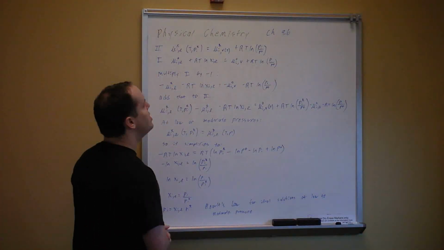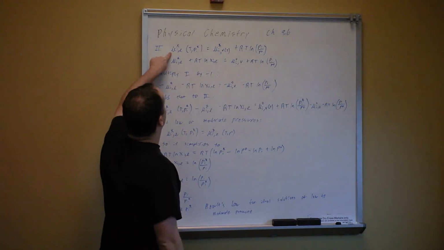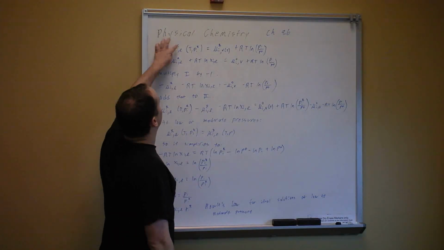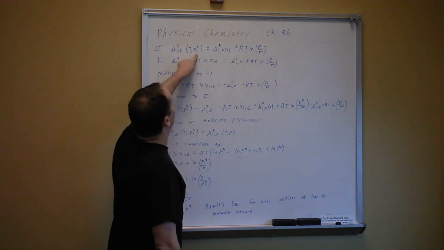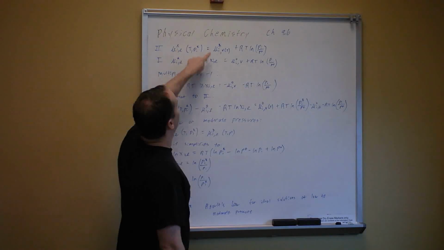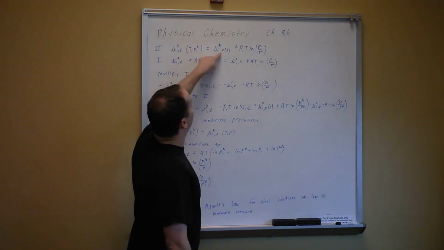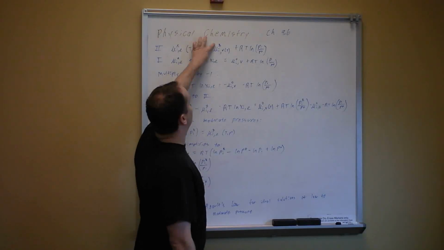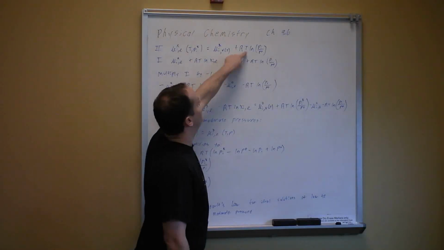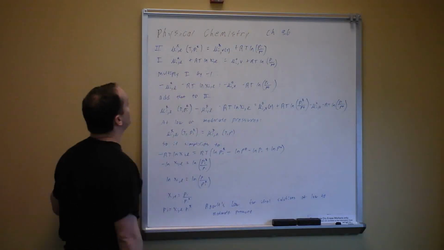Continuing on physical chemistry, chapter 9, section 6. So our second equation then: mu I liquid unmixed at temperature and initial partial pressure unmixed is equal to the chemical potential of the substance in the vapor phase at that temperature unmixed plus RT natural log of the partial pressure over P naught.